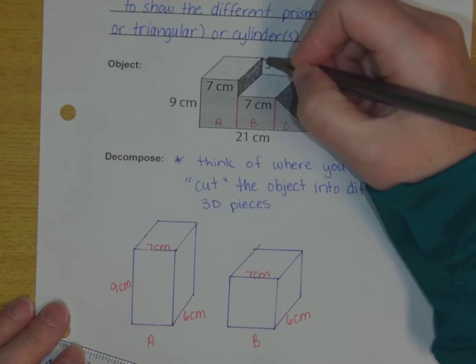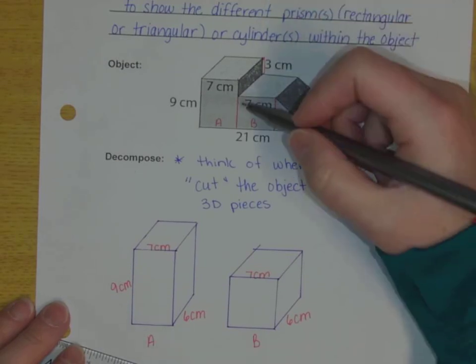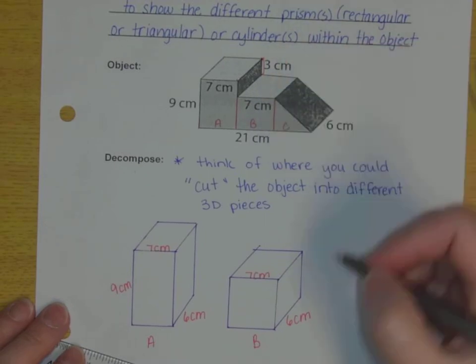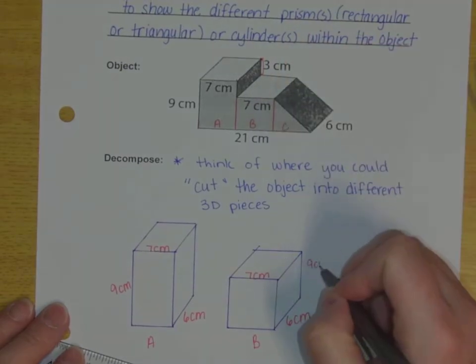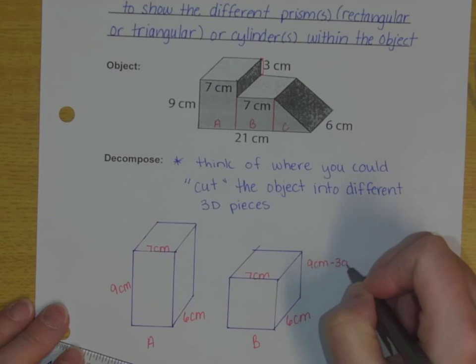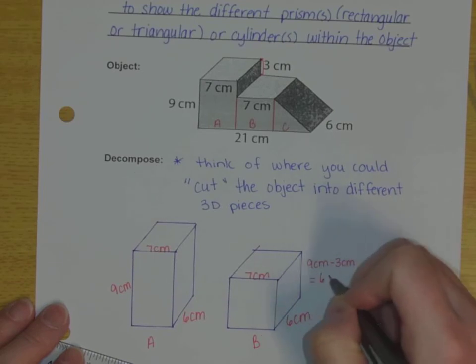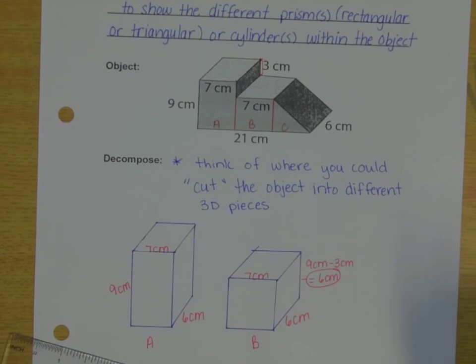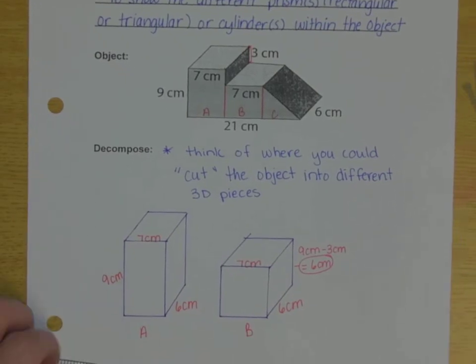But right here we have a little one that goes from here to here that is 3. And then the rest is this object B. So we need to go 9 centimeters minus 3 centimeters, which equals 6 centimeters. So that is how high our box is. Okay? So there is some figuring out as you go.